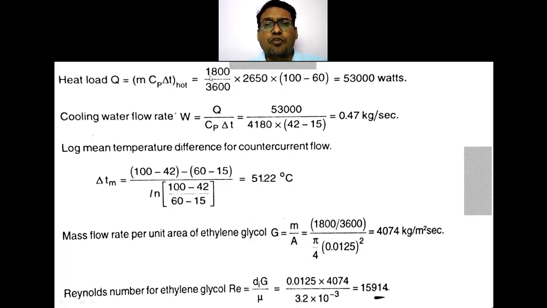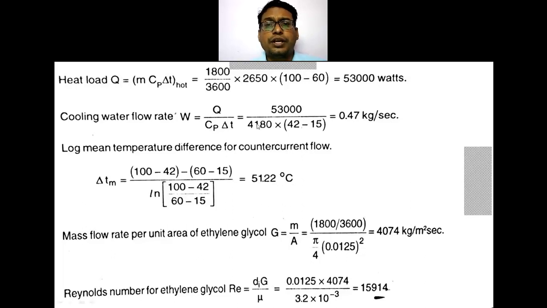The ethylene glycol flow rate, that is 1800, is given, and its temperature is to be reduced from 100 degrees Celsius to 60 degrees Celsius. And the Cp value is 2650. So this much watts of heat load is to be absorbed by the cooling water.